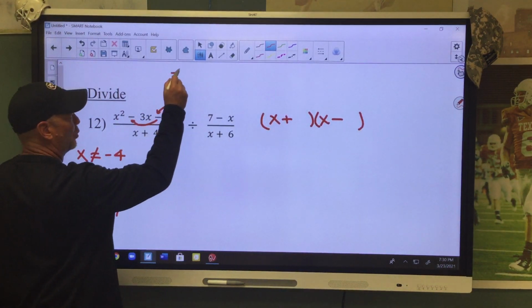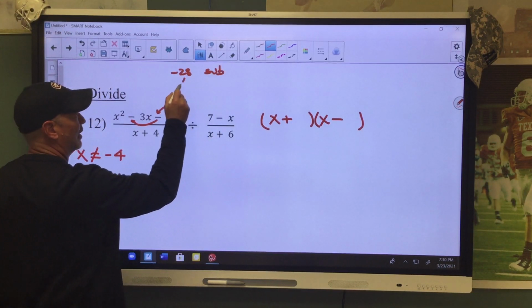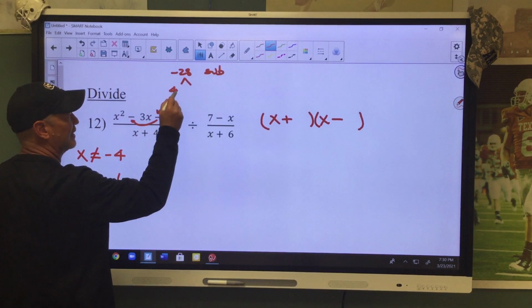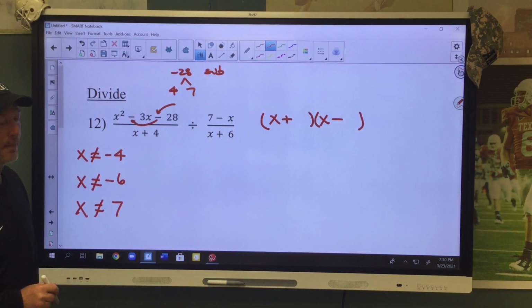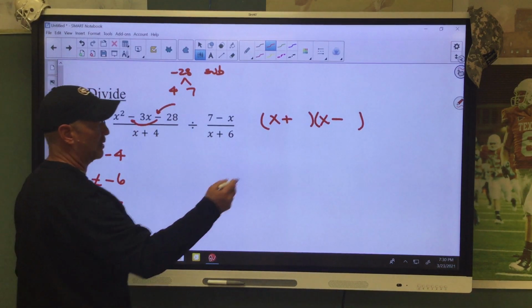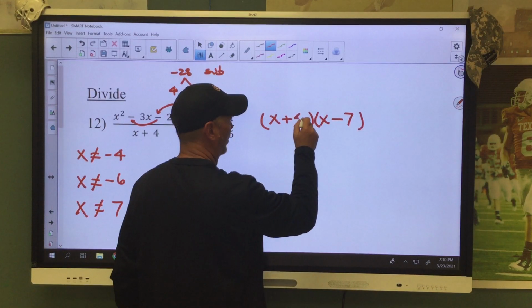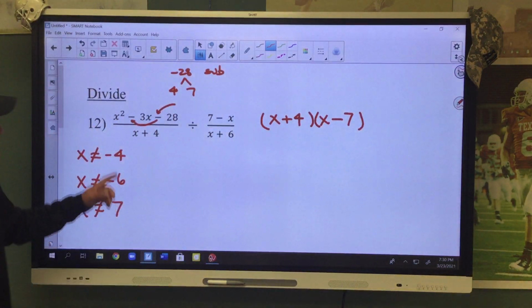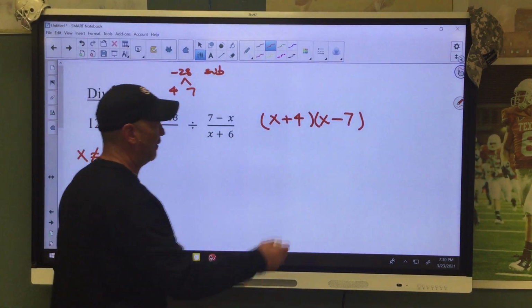It's a negative 28, so we're going to subtract, and we're going to use 4 and 7. When you subtract them, you will get 3. So that's what we want. But the bigger number needs to go with the negative, so we're going to put the 7 with the negative, and we're going to put the 4 with the plus sign. So we have factored the numerator. At the bottom, I have x plus 4.